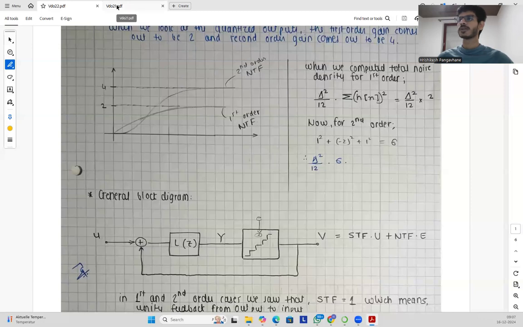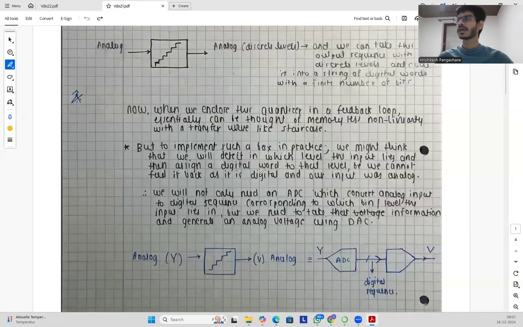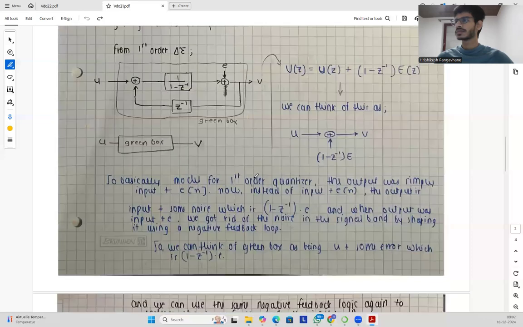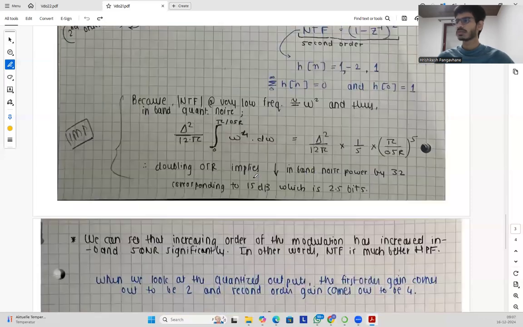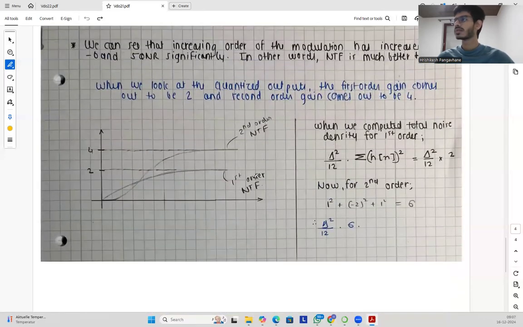Yeah, perfect. So yesterday we most probably covered till second order delta sigma modulator.